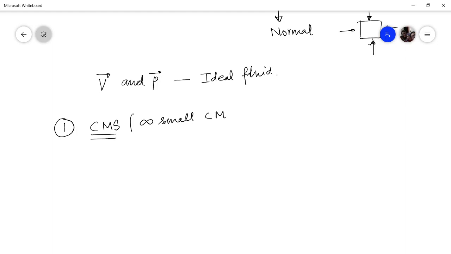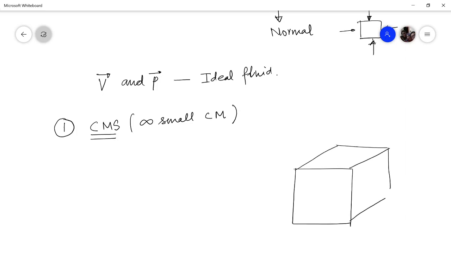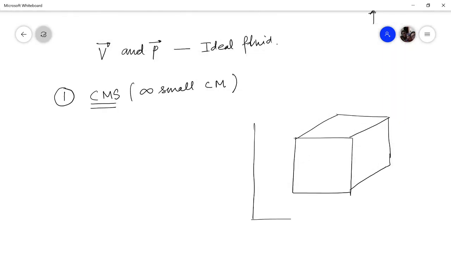As this is a control mass, it can move within the flow domain. Let us say this is the mass I am talking of, this is that particular mass element, a closed system. Let us say this is my x-axis, this is my y-axis, and this is the z-axis.